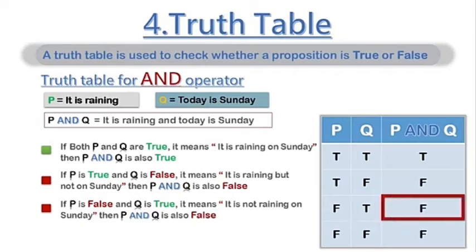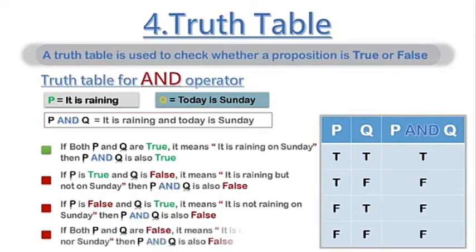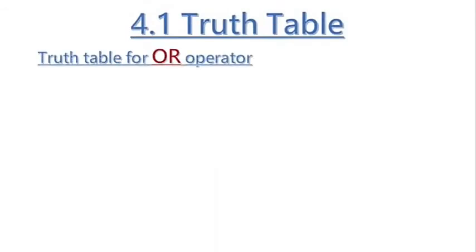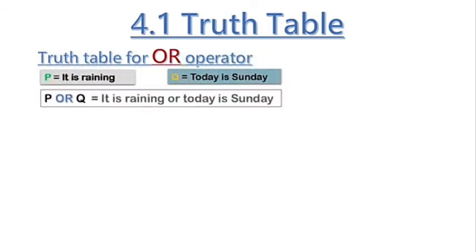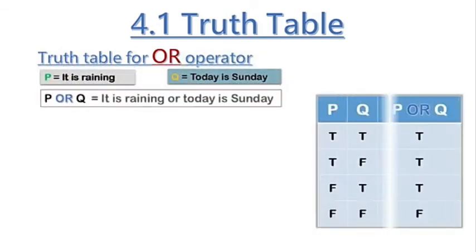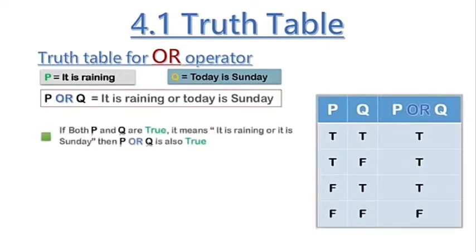Now you will learn about the OR operator. I will describe it in a table. Similarly, p represents that it is raining, and q represents that today is Sunday. Here it is raining or today is Sunday. Here I will draw a table. For example, it is raining, true, and it is Sunday, true.